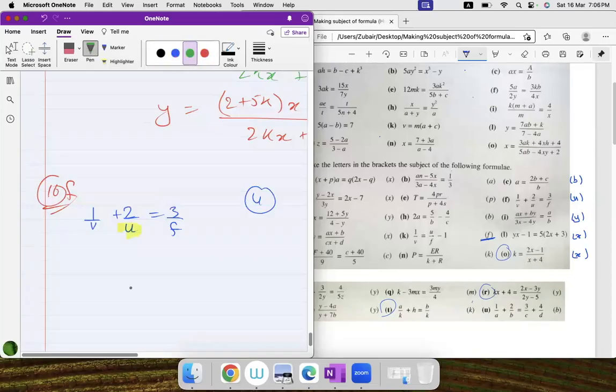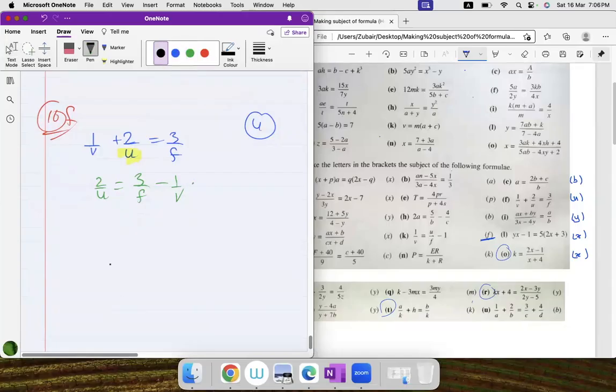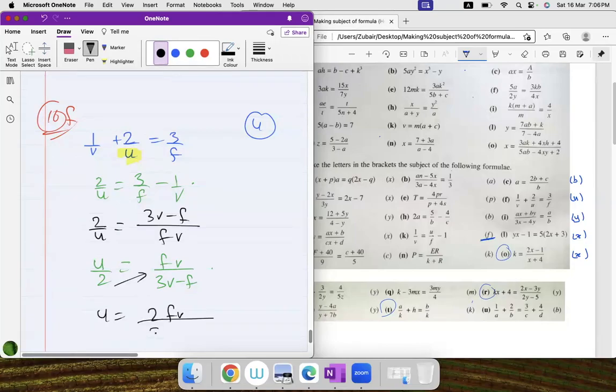So first thing, 2 over U stays here, 3 over F minus 1 over V. Now I'm going to take LCM on the right hand side. 2 over U is equal to, LCM is FV, 3V minus F. Now I'm taking reciprocal. U over 2 is equal to FV over 3V minus F. Now I'm getting rid of this 2. U is equal to 2FV over 3V minus F. Clear?